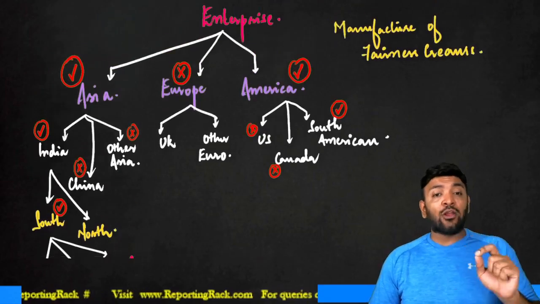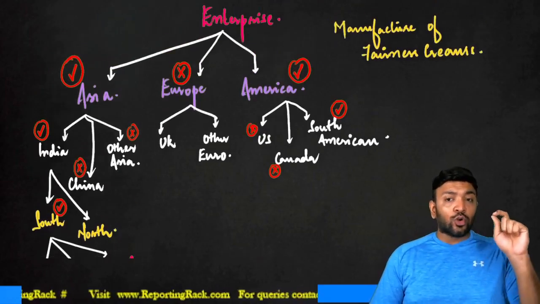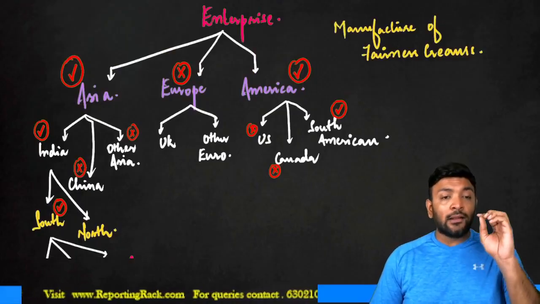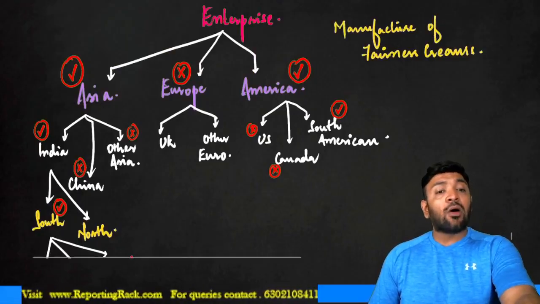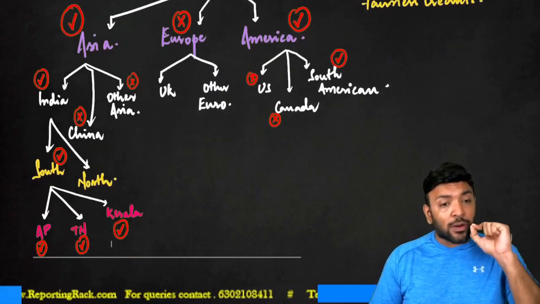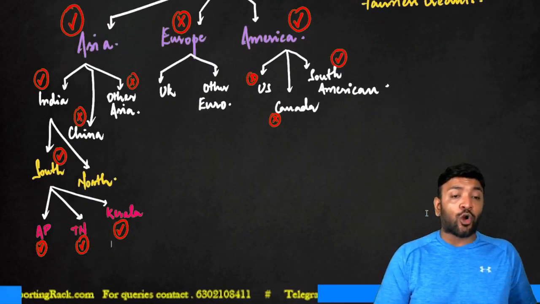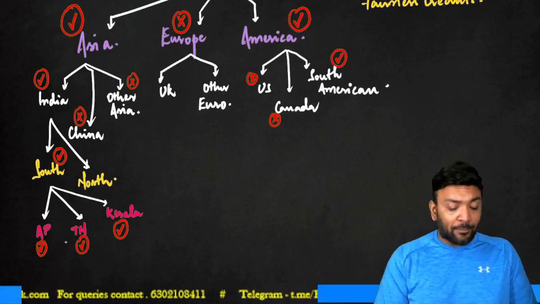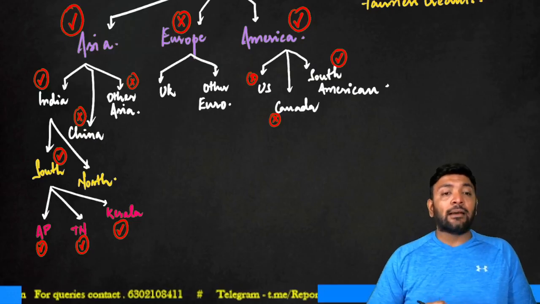First, I allocate goodwill of the enterprise to Asia and America. How much amount of goodwill? We'll have to check. Now I'll have to go into Indian enterprises. I'll have to try to allocate how much of a goodwill is arising due to operations down in South. How much of goodwill arises to AP, Tamil Nadu and Kerala.